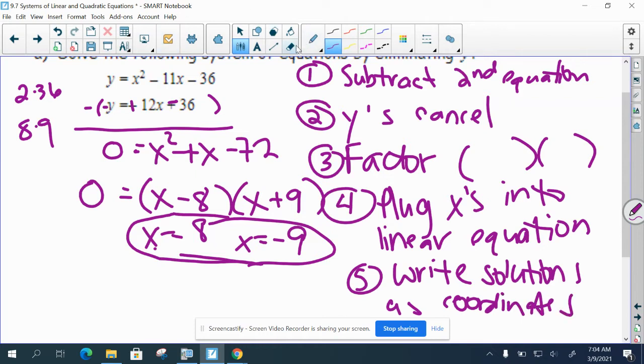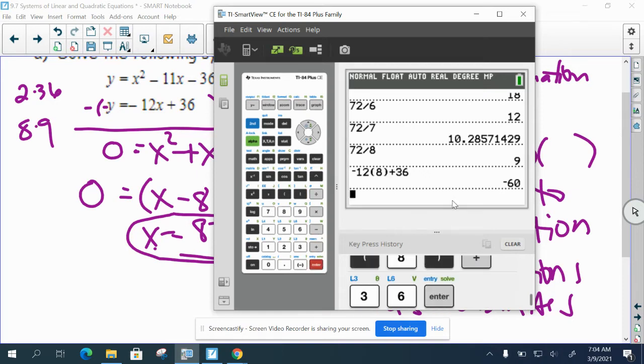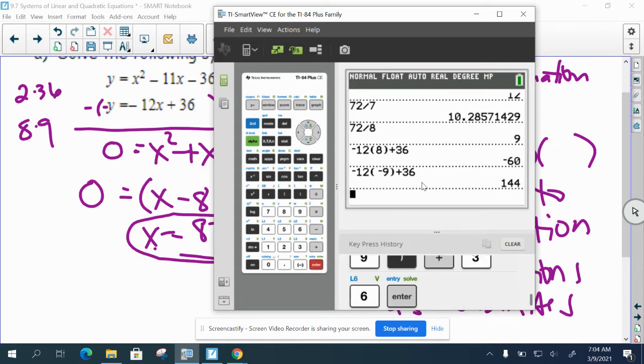Okay, so if I get rid of this so I can see what the equation was supposed to be, in my calculator I would do negative 12 times 8 plus 36, which is negative 60, and then negative 12 times negative 9 plus 36 is 144.